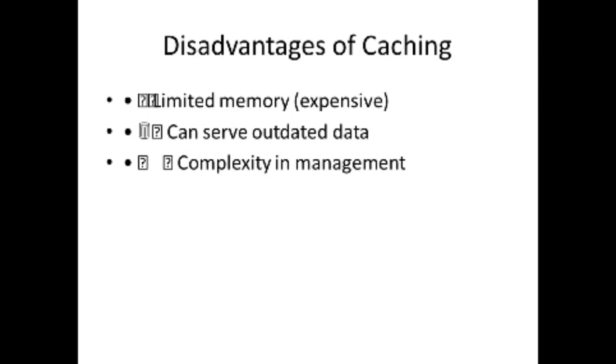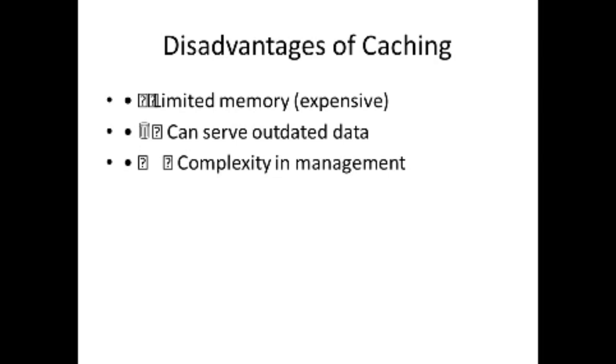The cache is also very expensive, so a lot of people are not able to purchase it. It can also serve outdated data, data from the olden days, and there is complexity in management.